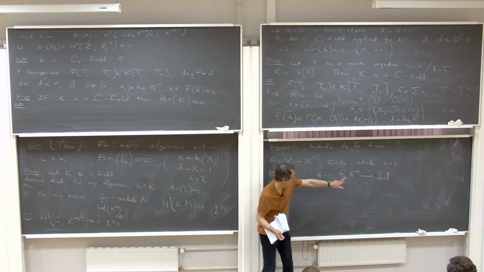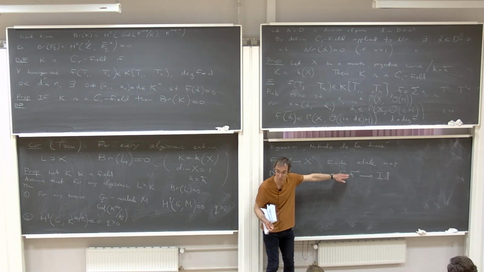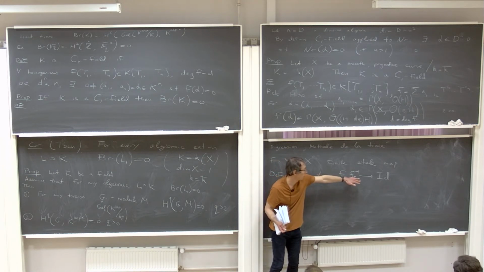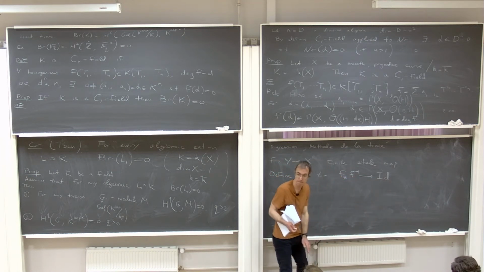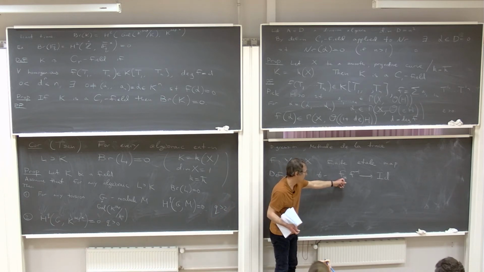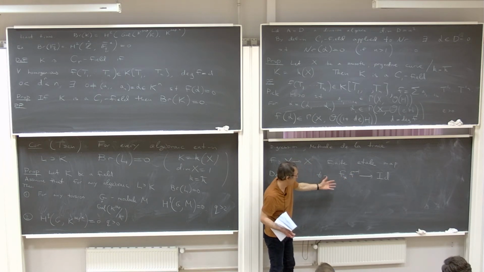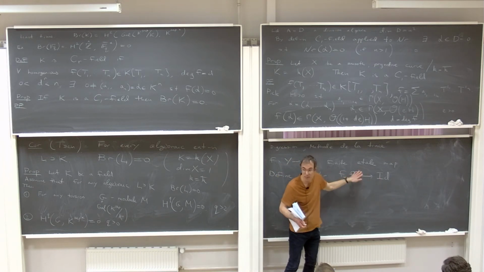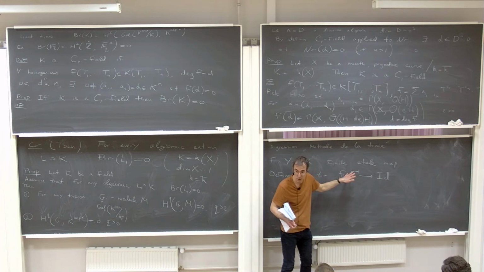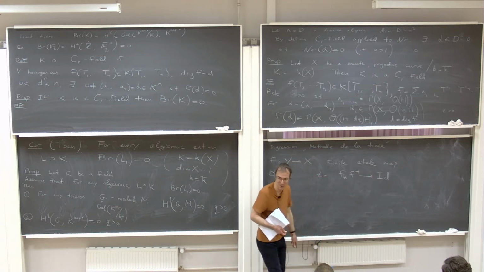That means that for any sheaf F, I want to construct a functorial map from this functor applied to F to F itself. So notice that this guy is right adjoint to f inverse. So by adjunction, I have a map in the opposite direction. So the trace map is a morphism in a non-obvious direction.